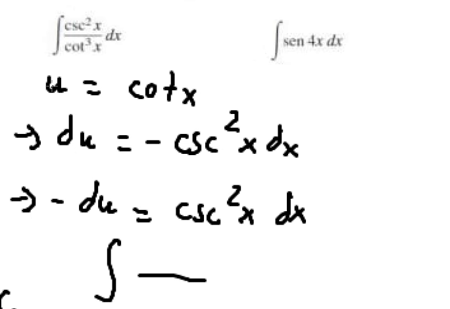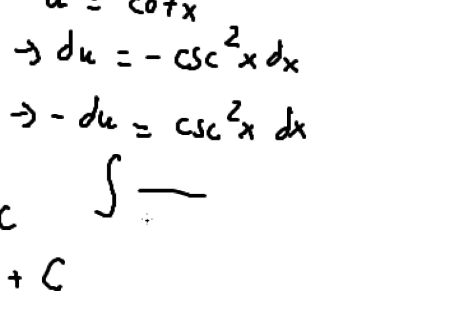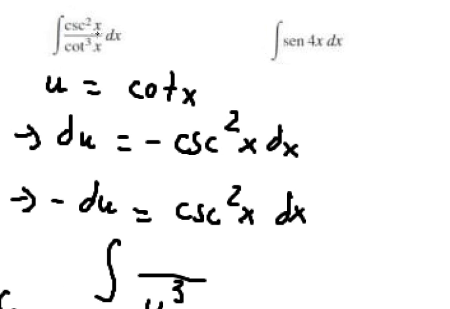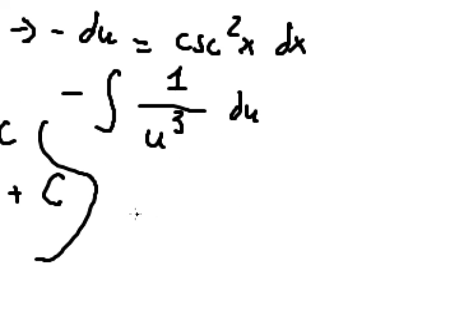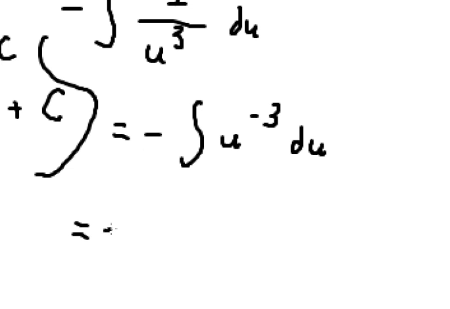Cotang x we change by u, and we have u to the power of 3. This one cosecant of s squared dx in here, we change by negative du. And this one we have negative the integration u to the power of negative number 3 du. And now we have the final answer.